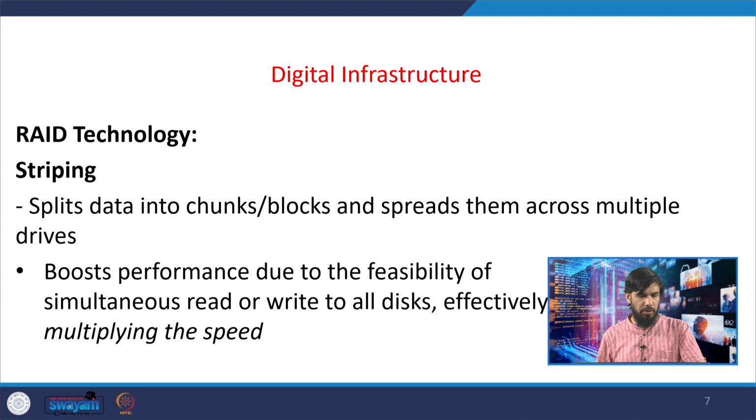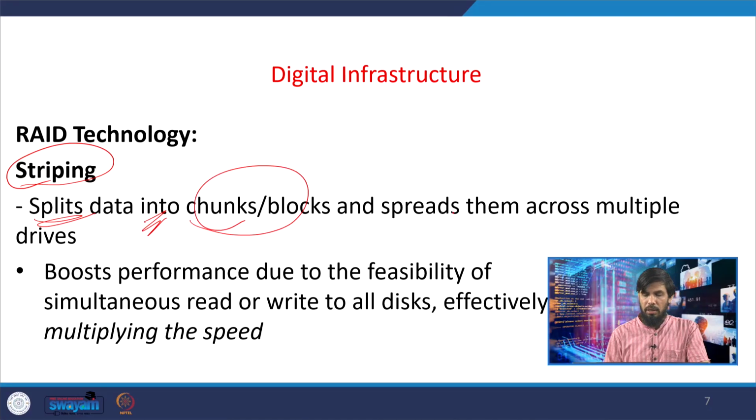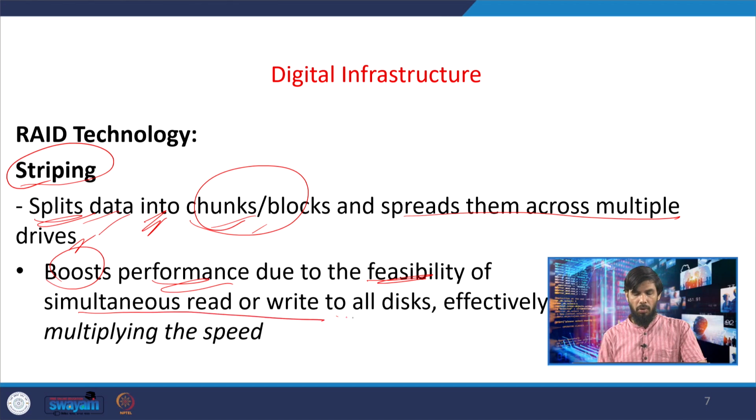Striping, let us first take striping. What happens in striping under RAID technology? It splits data into chunks or blocks and spreads them across multiple drives. What is the benefit of this? When you split data into these chunks, it boosts performance. Why? Because the feasibility of simultaneous read or write to all disks comes in, since you are distributing chunks and spreading them over multiple drives.